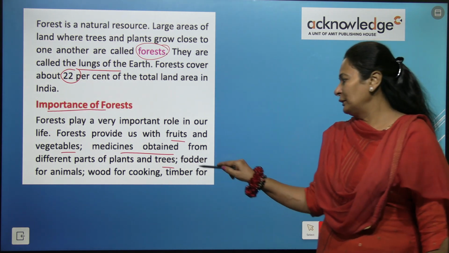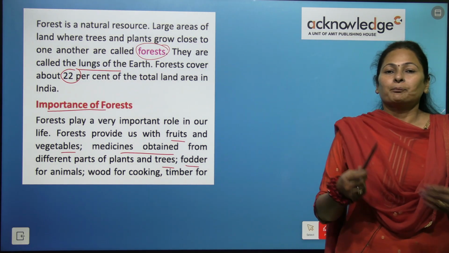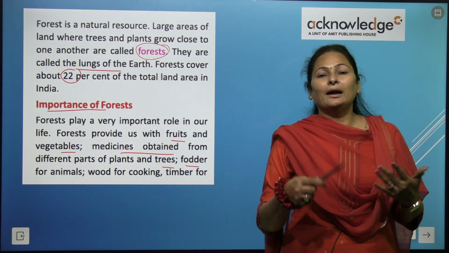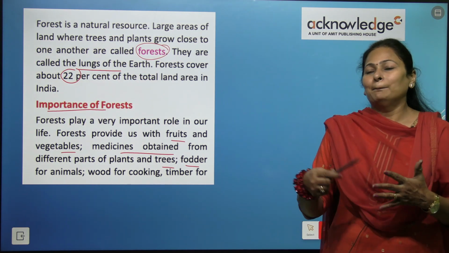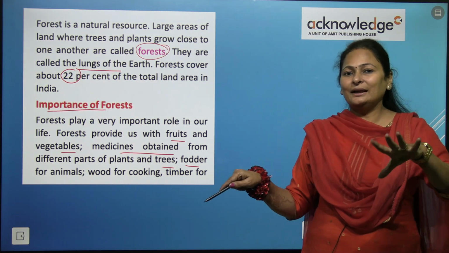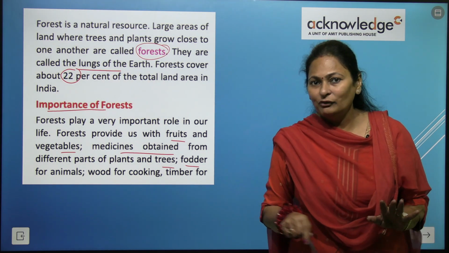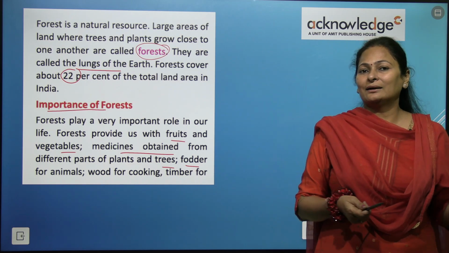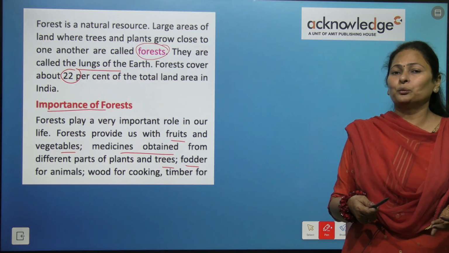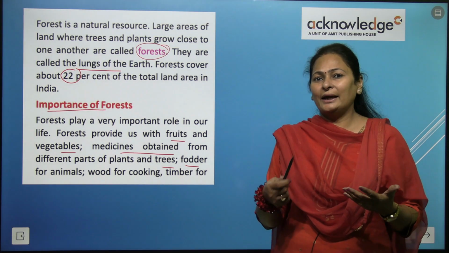Trees also provide fodder for animals. Now what is fodder? As you know, animals graze on grass, that is green fodder. But fodder is also food for animals that is dry, like straw and hay, right?